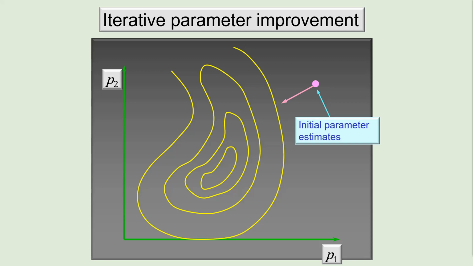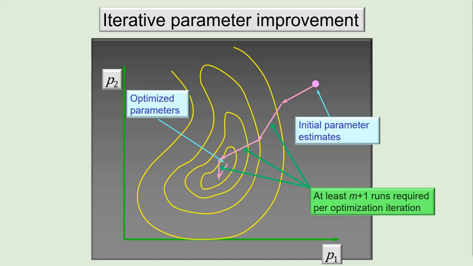We obtain a new set of parameters. Calculate another Jacobian matrix. And so it goes until we eventually find the minimum of the objective function. This incurs an even greater numerical burden. For now, we have to calculate that Jacobian matrix not just once, but every time we need to do a parameter upgrade until we reach the minimum of the objective function.